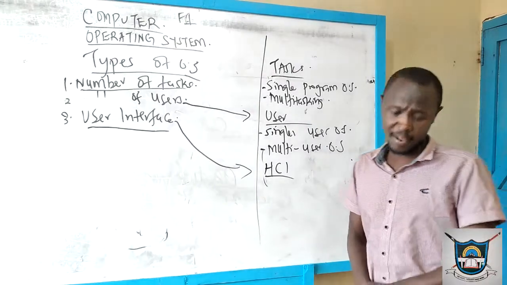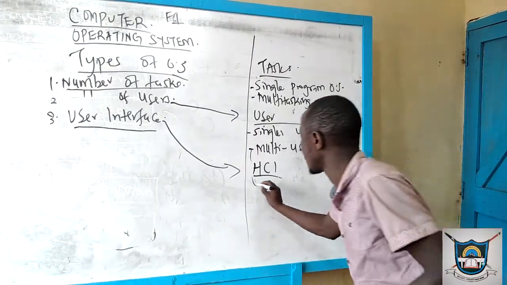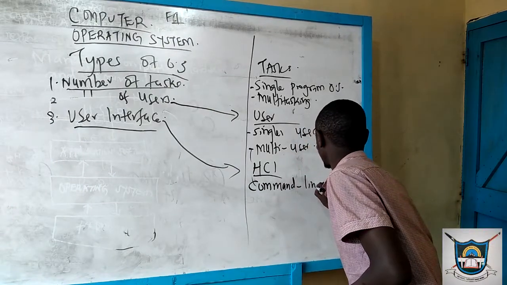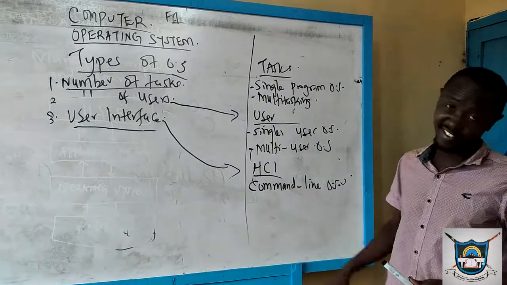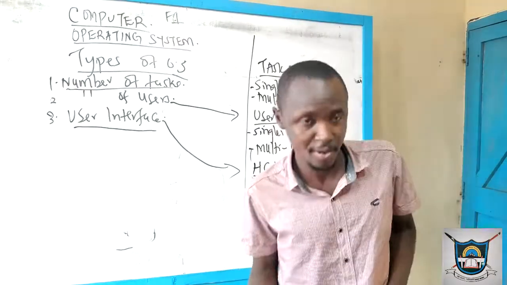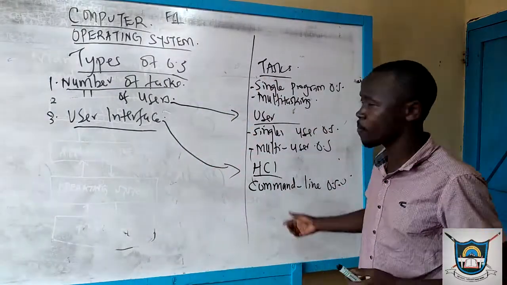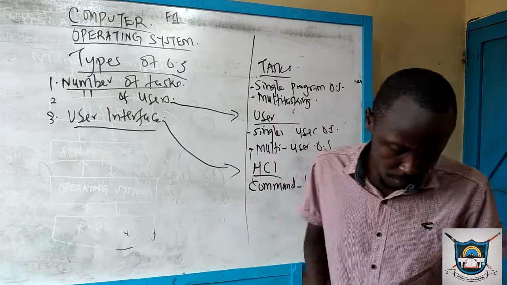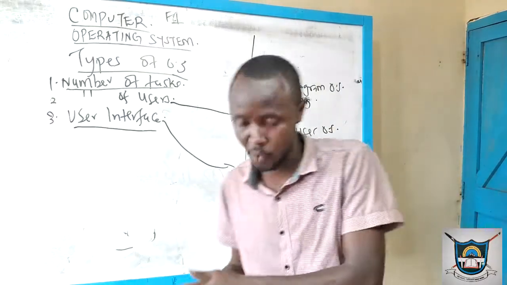A good example is the command line based operating system. As the term tells you, you have to use commands. You have to type, like coding, so you should have a lot of knowledge in computers.